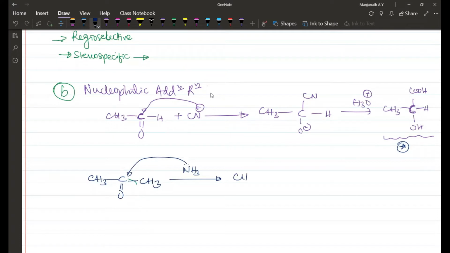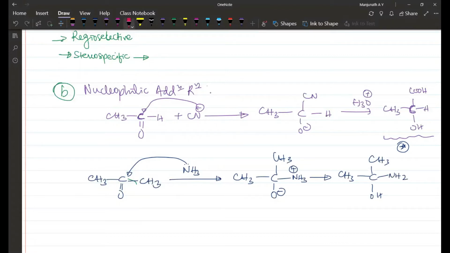So CH3, C, O minus, CH3, NH3, now it will become plus. So this is what you get. Now immediately proton exchange will happen. CH3, CH3, OH, NH2. Now if you see for this carbon, we have two electronegative elements attached.